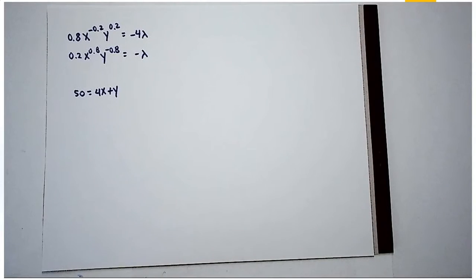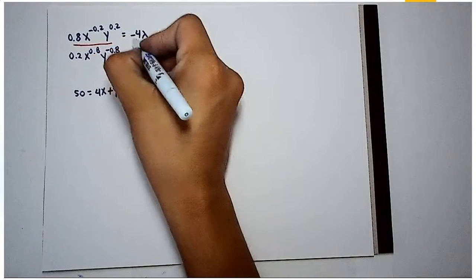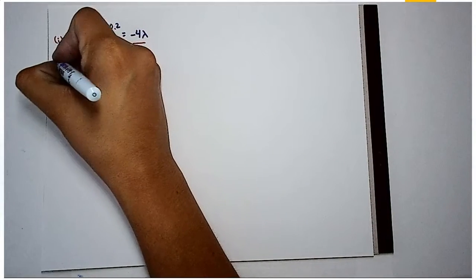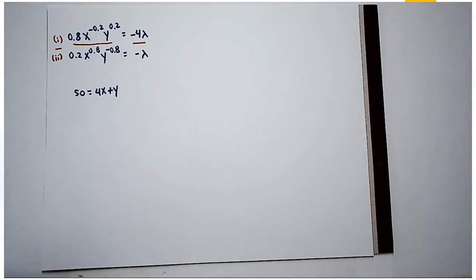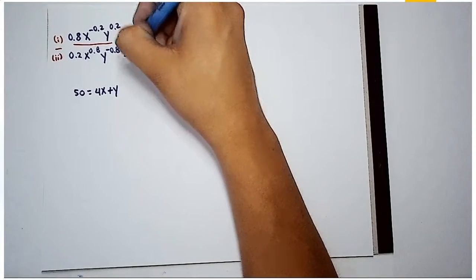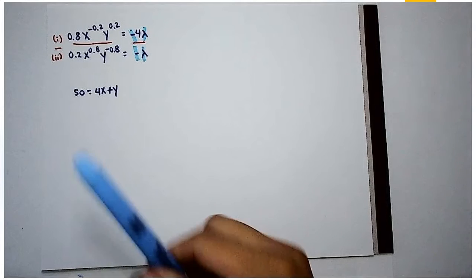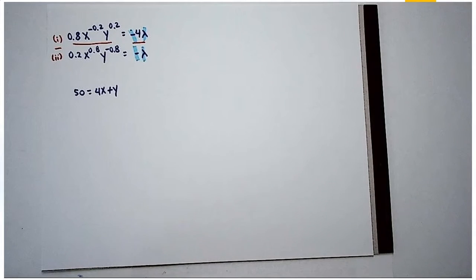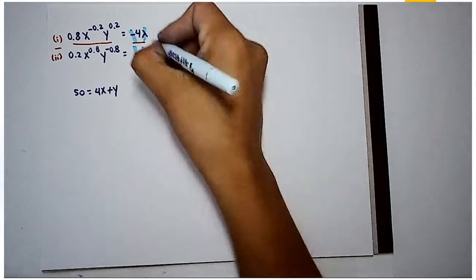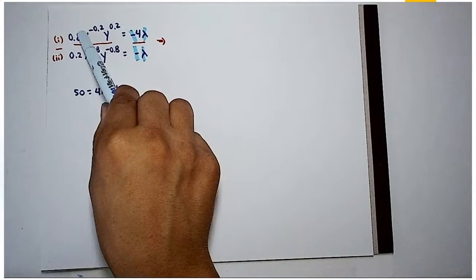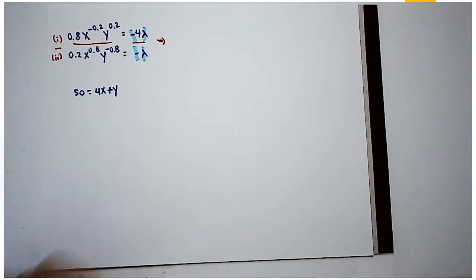So let's start by dividing these two, equation 1 divided by equation 2. So here we see that the negatives and the lambda disappear. Then notice that 0.8 divided by 0.2 is 4.